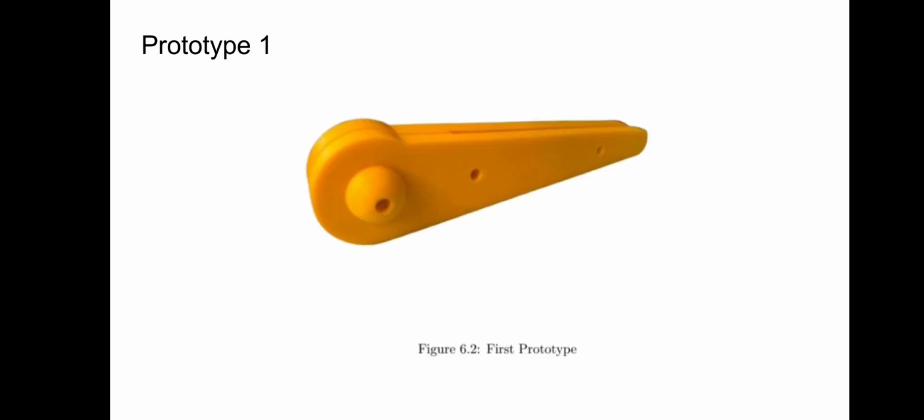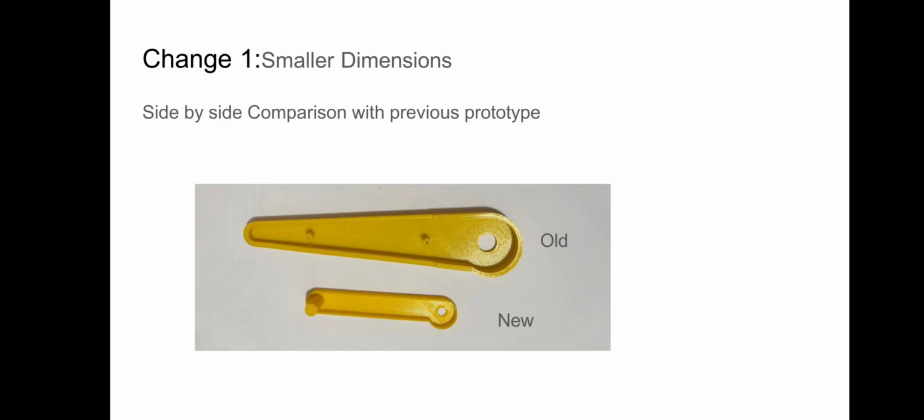So this is the first prototype we have 3D printed. This is the second prototype, shown as new. The side by side comparison is shown in this figure. The first prototype was of larger dimensions, whereas the second prototype is of smaller dimensions and with a different design.